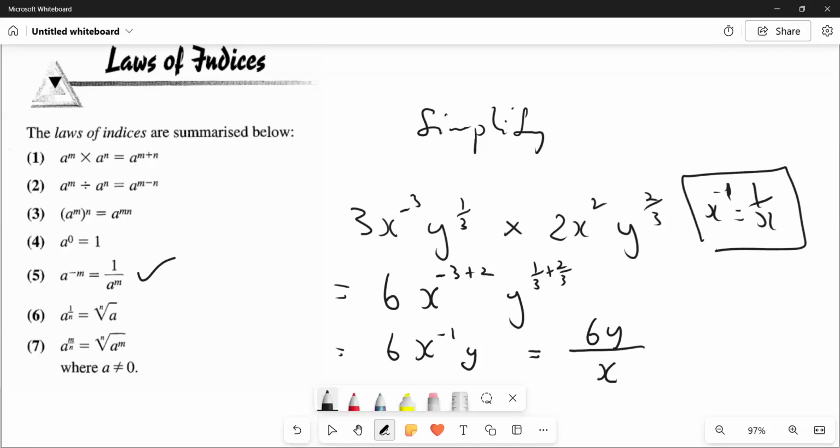Sir, can you go over how you ended up with y only? The powers on the y are 1/3 and 2/3. 1/3 and 2/3 is 1. So you end up with y to the 1. You don't write y to the 1 power, you usually just put y.